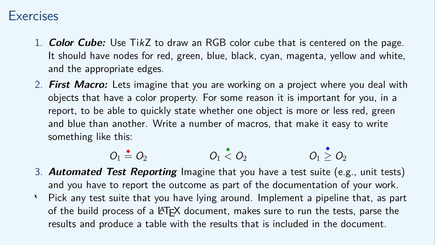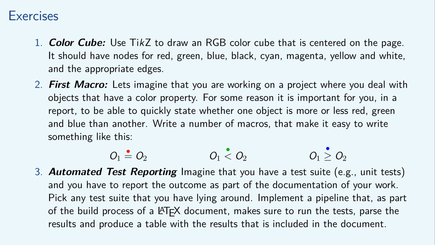The last exercise is automated test reporting. So you can imagine that you're developing some code, you have a test suite, could be unit tests, and you have to document the outcome of running that test suite. So you probably have access to some test suite that you worked with yourself.